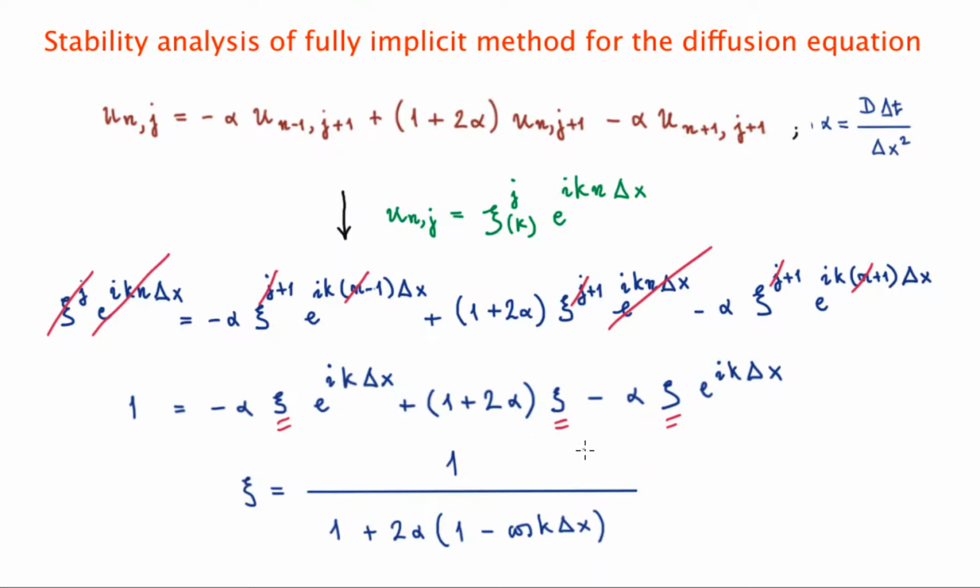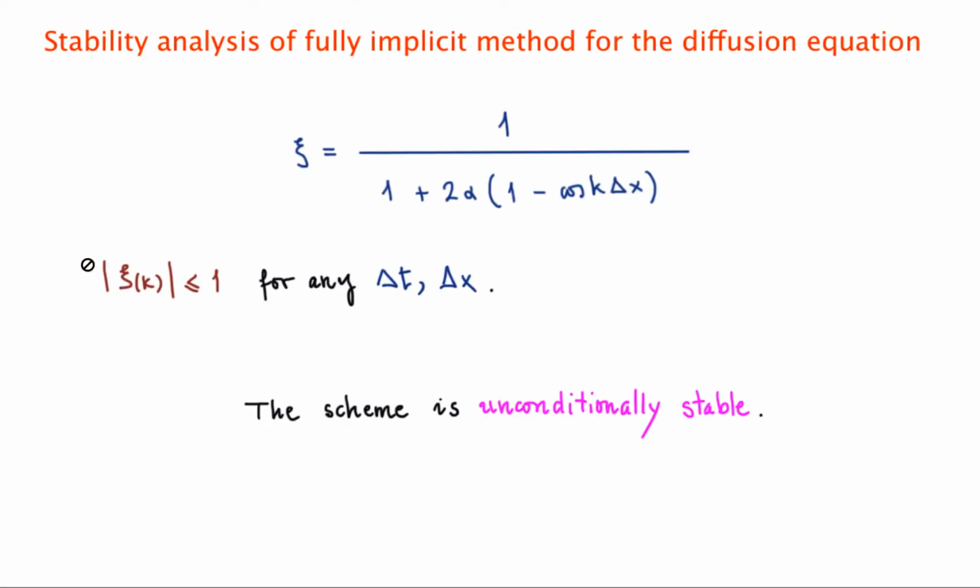Once we have obtained that, our aim is to analyze whether the absolute value of this eta function is lower than or equal to 1 or not. That's pretty easy to do, as the cosine function is a bounded function between 1 and minus 1. You have that this contribution here is always going to be greater than or equal to 1.